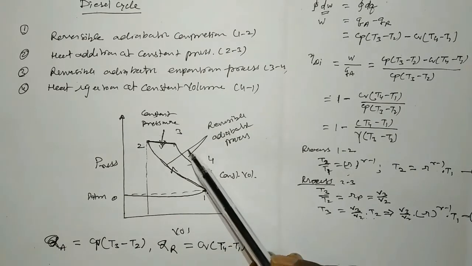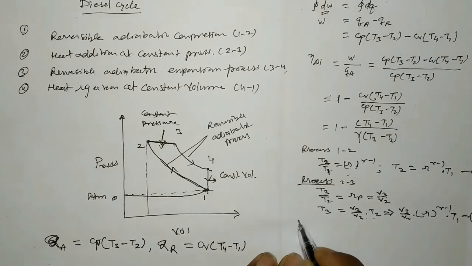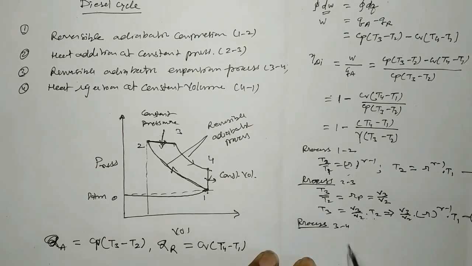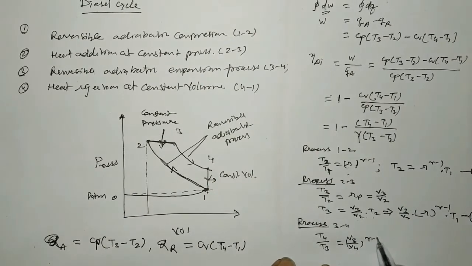From the reversible adiabatic process T3 to T4, process 3 to 4, T4 by T3 equals V3 by V4 power gamma minus 1.